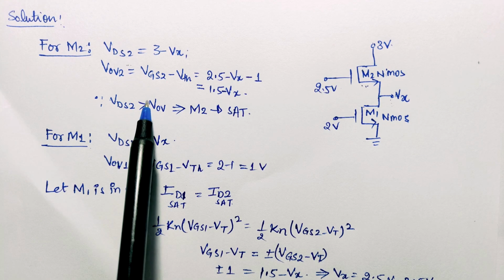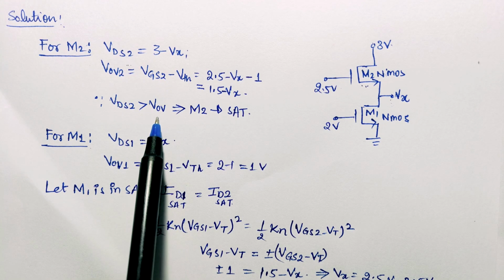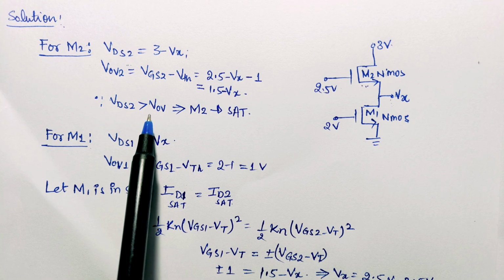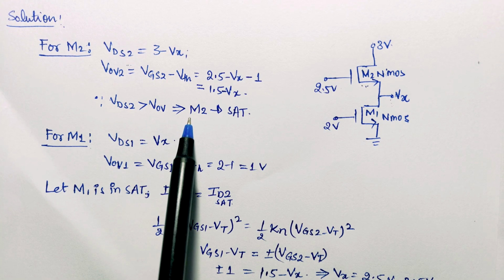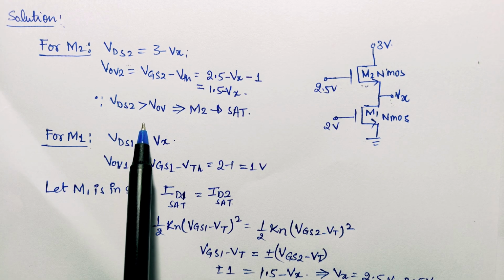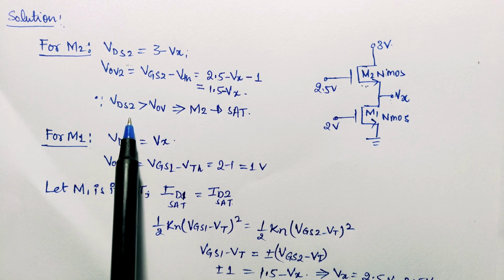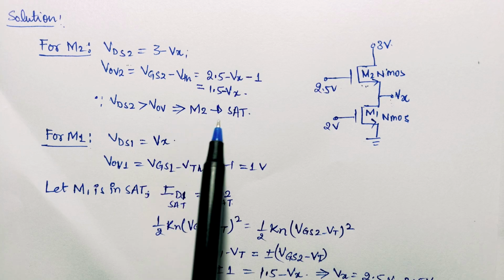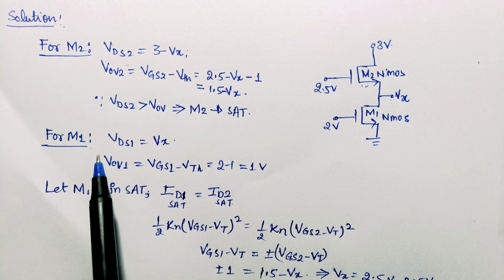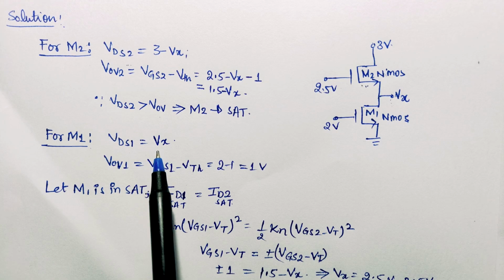Here we can see that VDS2 is greater than the overdrive voltage of MOSFET 2. So we can say that this M2 transistor is in saturation region. As we know, if drain to source voltage is greater than overdrive voltage, then the transistor will be in saturation region. Similarly, if we see transistor M1, then VDS1 will be equal to Vx.